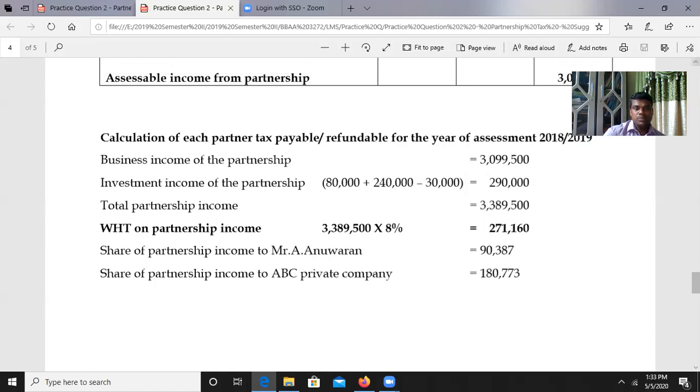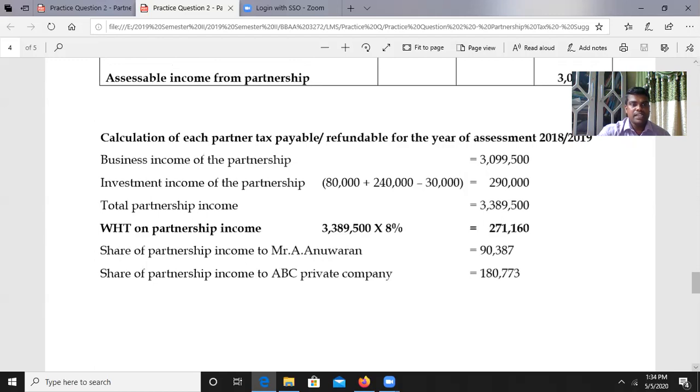Calculation of each partner's tax payable or refundable for the year of assessment 2018-19. Shall we move with tax calculation of each partner?